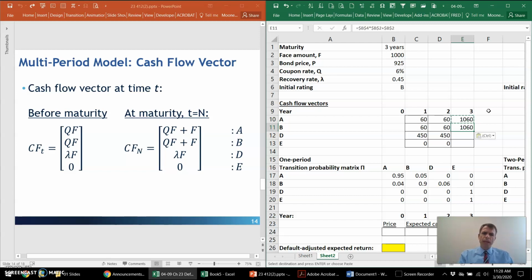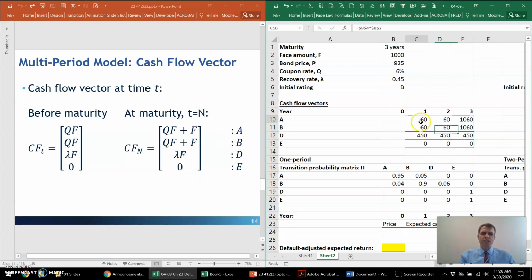So that cash flow would happen at the two solvent credit ratings, A and B. If a bond defaults at maturity, it doesn't make the final coupon and face amount payment, and it pays out the recovery amount in this model. And like we said, if a bond previously defaulted, then the cash flow is 0 in the current period.